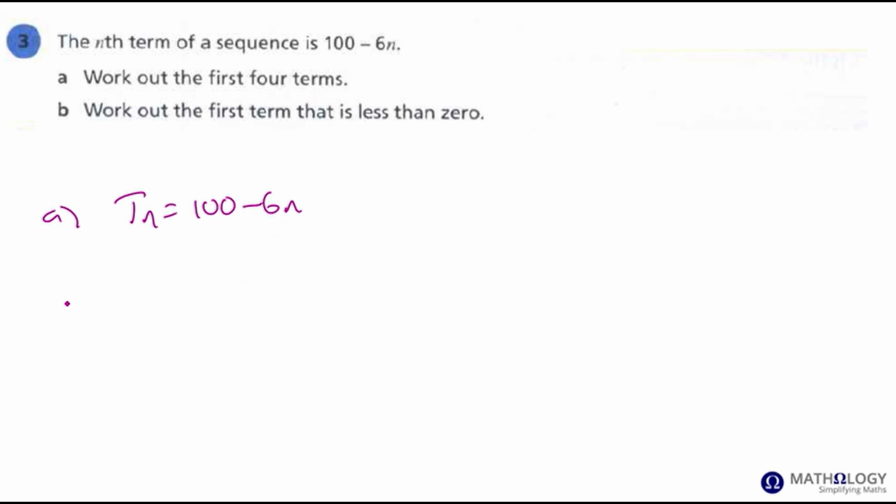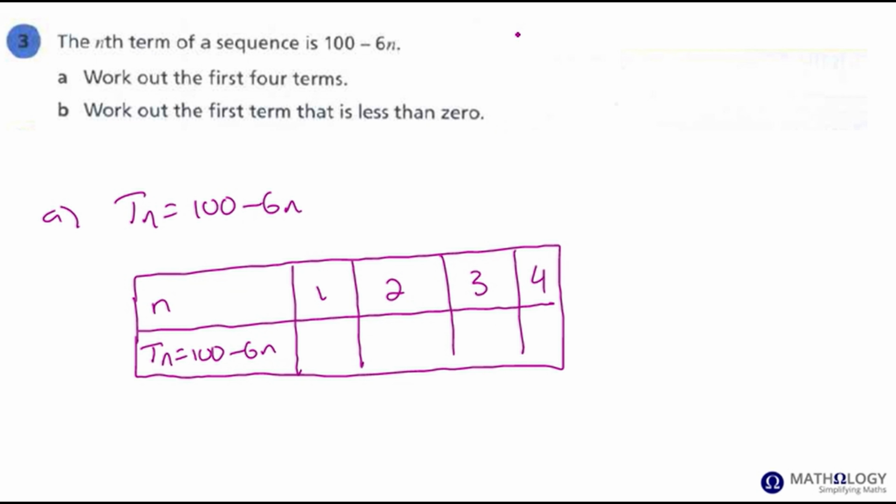So the first 4 terms, if we just draw up a table, and it might be nice to do that. So when n equals 1, let's just do it on the side here. Tn is 100 minus 6n. When n equals 1, term 1 will be 100 minus 6 times 1, which is 94.